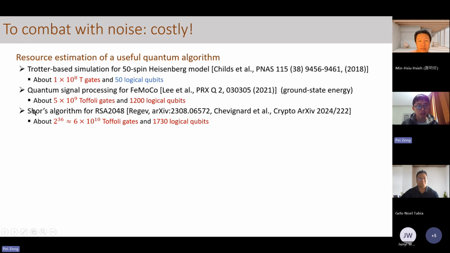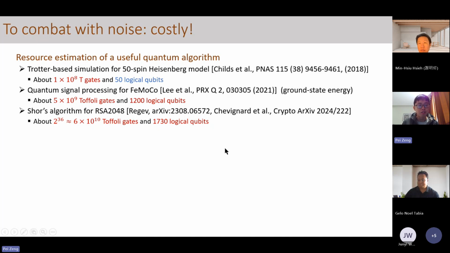And the third one is the Shor algorithm for RSA 2048. So these 3 types of algorithms are what people believe to be the most useful aspects of quantum algorithms, which are to perform the dynamical evolution, to perform the ground state energy estimation, and also do cryptography.